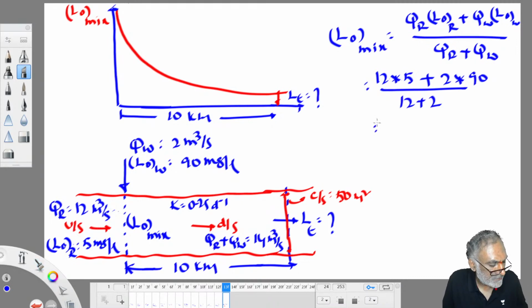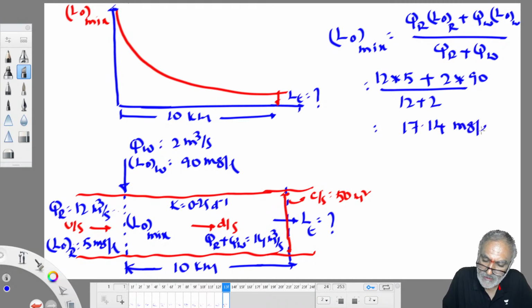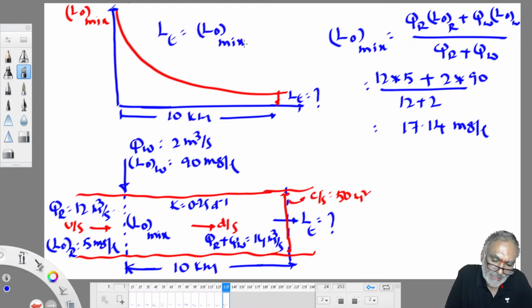What is L naught mix value? This 12 into 5, 60, plus 90 into 2, 180. 240 by 14. So it is 17.14. So as you travel further downstream side, what happens? L naught mix value decreases.